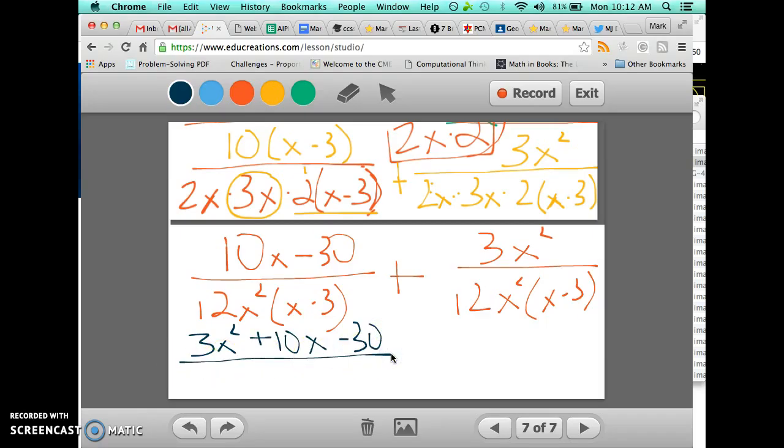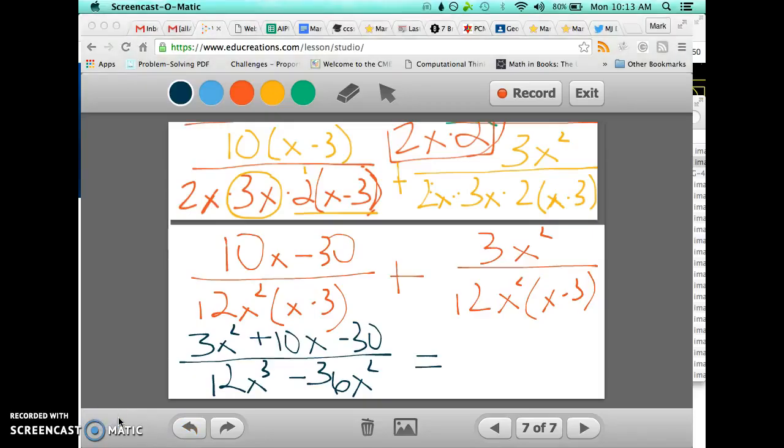I'm going to multiply out the bottom, so I'll get 12x cubed minus 36x squared. I was going to say try to take 3 out of the whole thing, but 3 does not go into 10, so I'm not going to do that. I'm going to stop right here. That's a wrap on this problem.